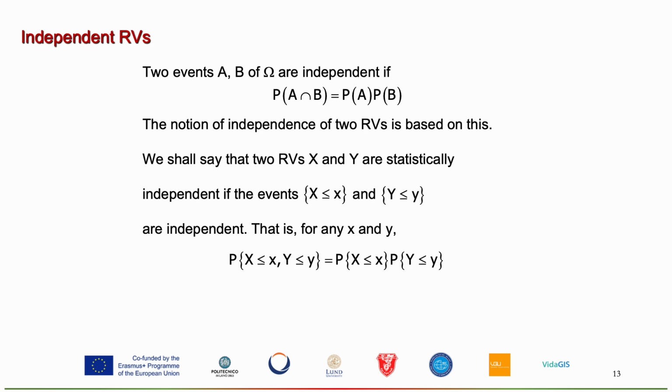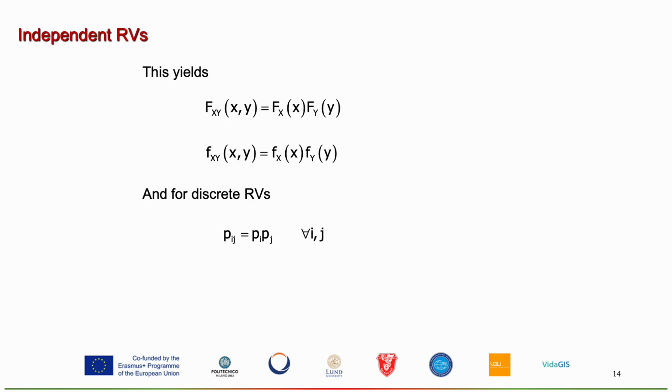This means, in practice, that the joint probability, the probability of the intersection, x smaller or equal to the given value for x and y smaller or equal to the given value for y, must be equal to the marginal probability of x smaller than the given value for x multiplied by the probability of y smaller than the given value for y. This clearly yields the following conditions.